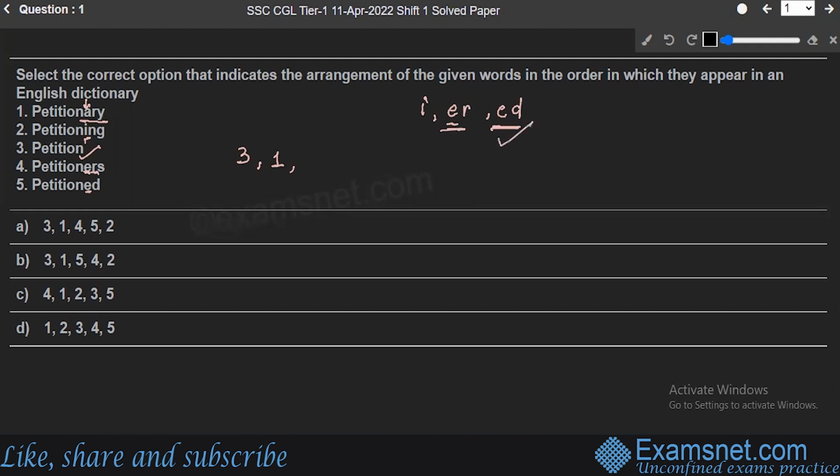Of course, the word with ed. That means the fifth one will be the next option. Then er, that is the fourth. Then you are left with the second one, with I, which will come in the last place. So the correct answer to this question is 31542. Let's check the options. Option B is the correct answer for this question.